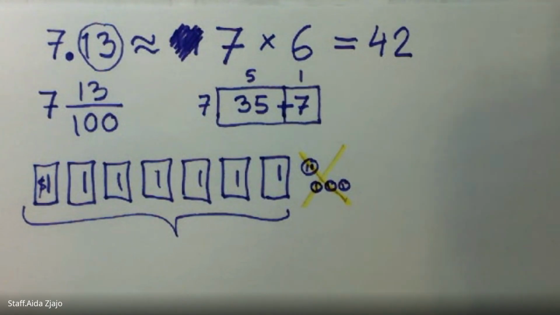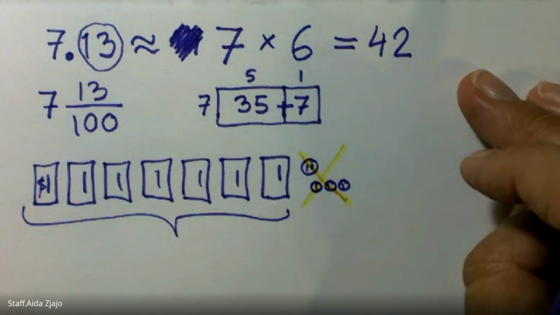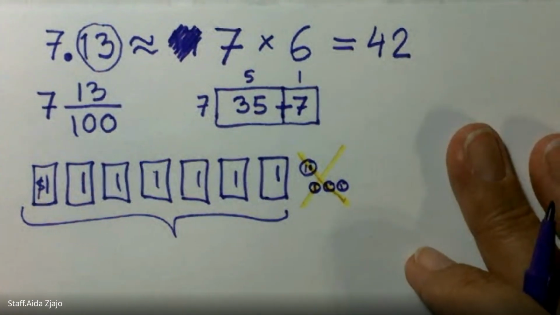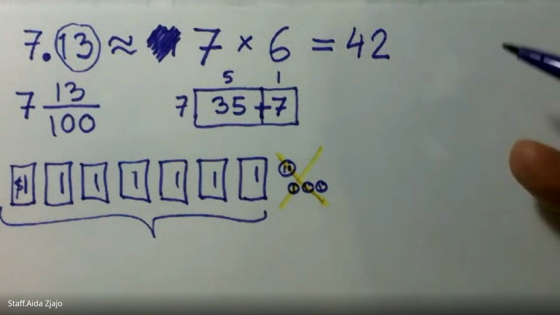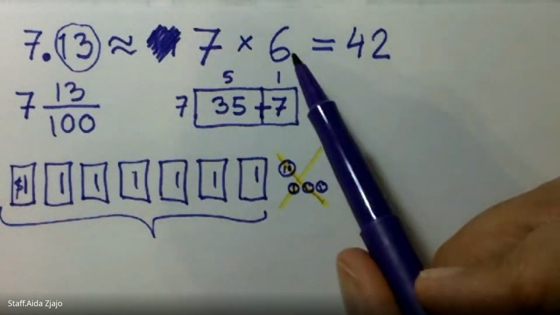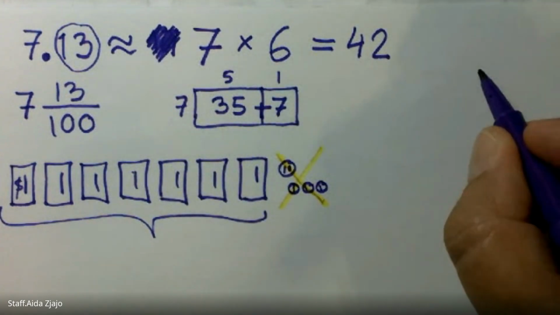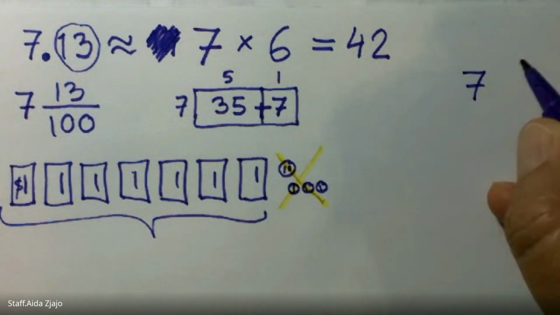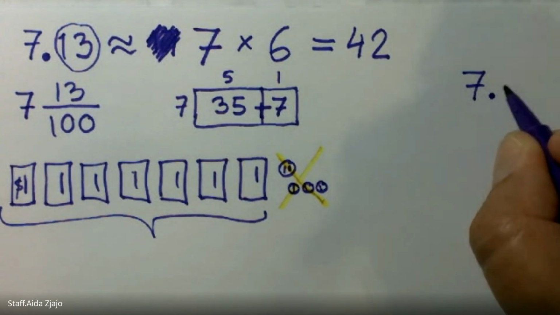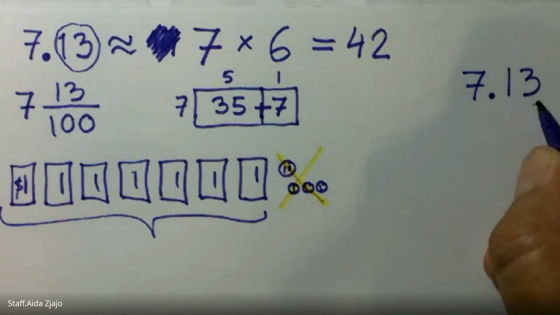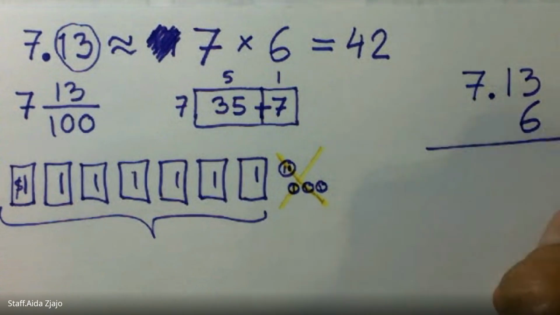Okay, if we want to see if our answer was correct, let's use 6 groups of $7.13. I'm going to multiply by 6 to check how far my estimation was. 3 times 6 is 18.